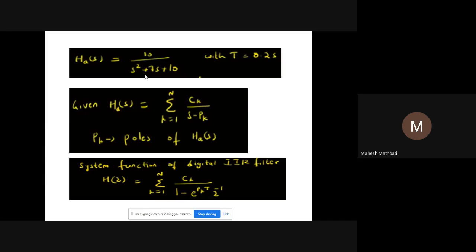Find H of z using the impulse invariance method.